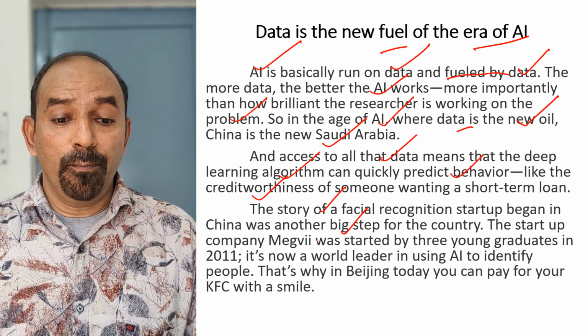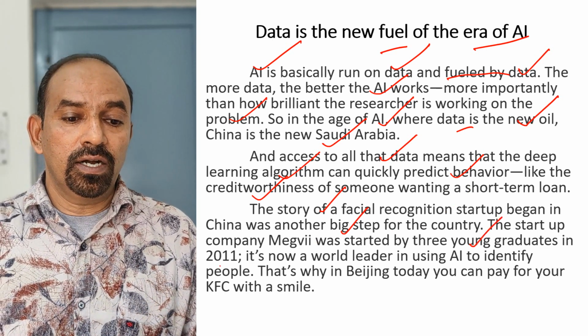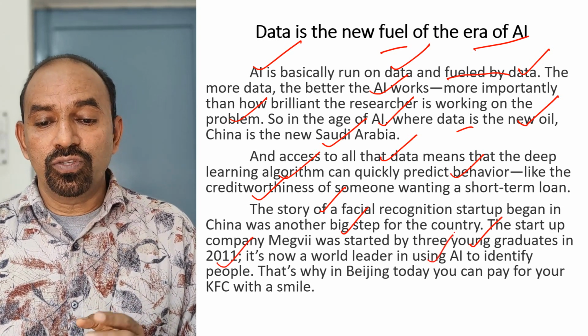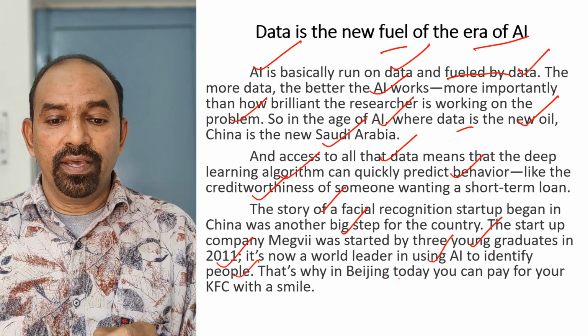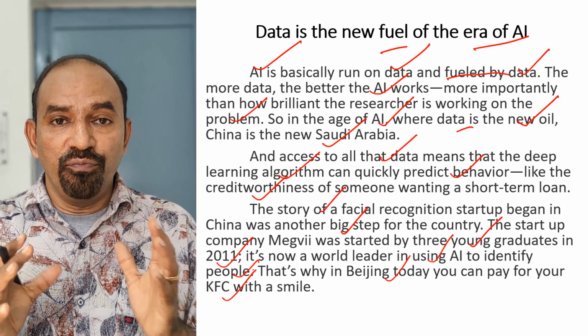The startup company Megvii was started by three young graduates in 2011. It's now a world leader in using AI to identify people. That's why in Beijing today you can pay for your KFC with a smile.